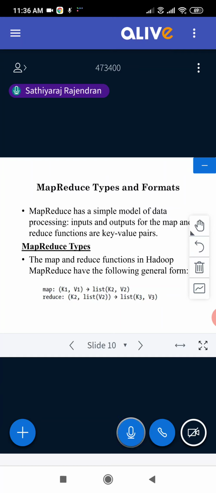The next part is entities. MR1 and MR2 each have 4 entities. In MR1: client, job tracker, task tracker, DFS. And in MR2: client, resource manager, node manager, MR application master, and DFS again. You need to know how to relate this and that.